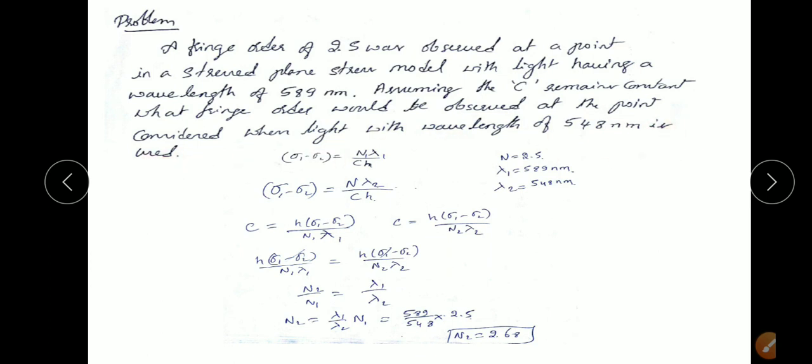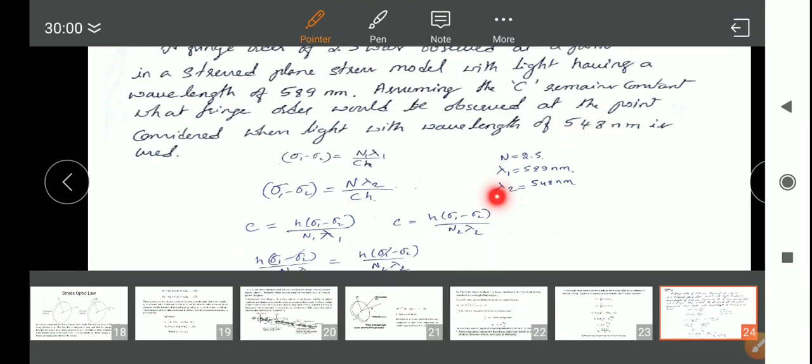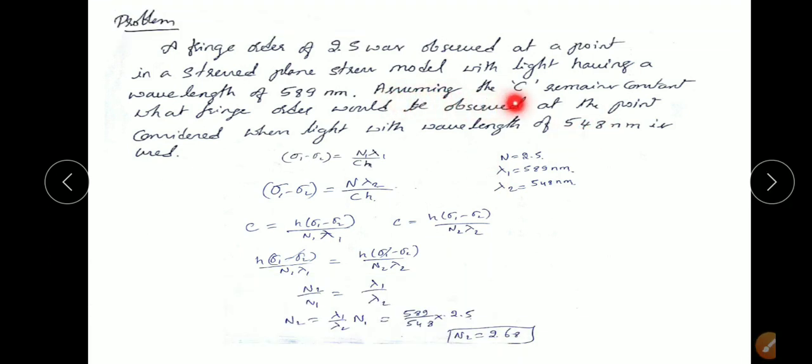Observe here, they have given two lambda values, lambda 1 and lambda 2, and they have said to assume the C remains constant. C is nothing but the velocity of light, which remains constant. So what you have to do is take two equations. Sigma 1 minus sigma 2 is equal to n, and sigma f is nothing but lambda by C, so directly we have written n1 lambda 1 by C into h.